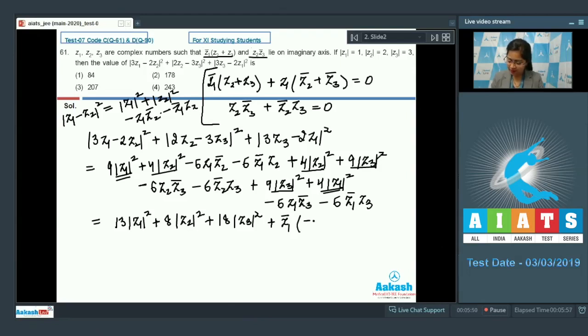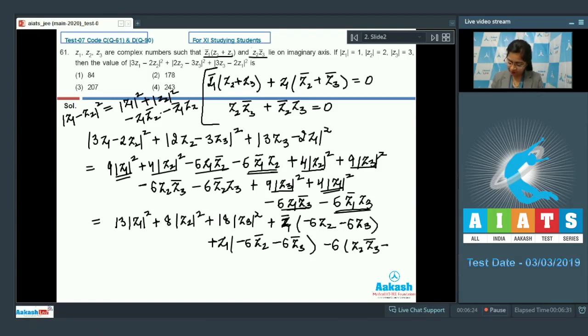So, we will get minus 6 Z2 from this one, and from here we will get minus 6 Z3. Similarly, taking Z1 common, we will get minus 6 into Z2 bar, and from here we will get minus 6 Z3 bar. So, the terms that are left are minus 6 taking common Z2 Z3 bar plus Z2 bar into Z3.